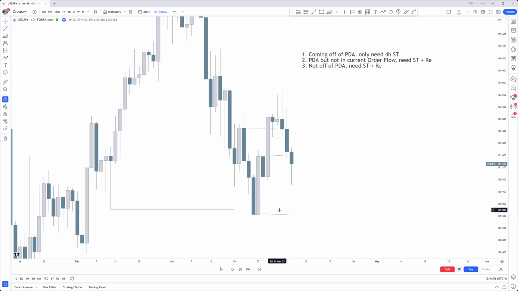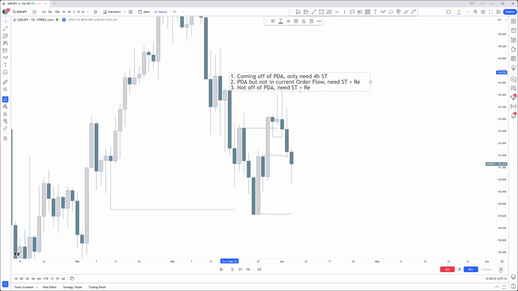But if we were coming off of a monthly PD array, and we have one singular 4-hour ST, then that can already be a trade itself that we don't execute on the 4-hour itself, but we can go into the 4-hour discount arrays to look for a lower time frame entry pattern. So again, that is me being very clear when we do take this price action.